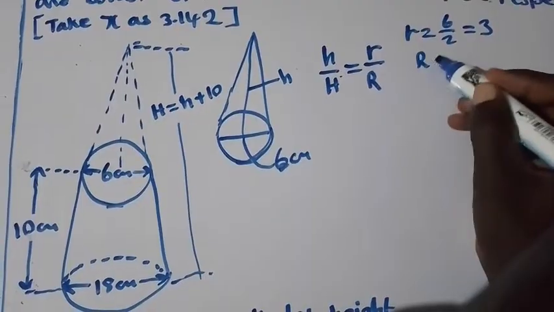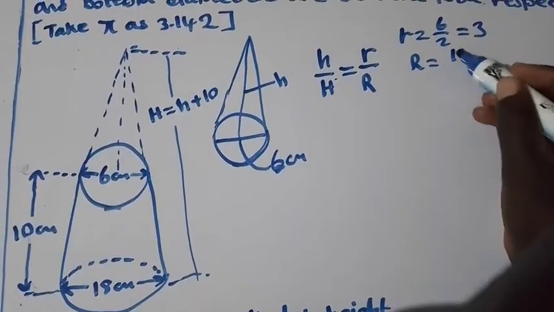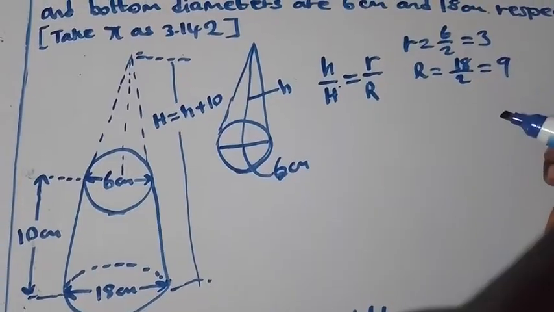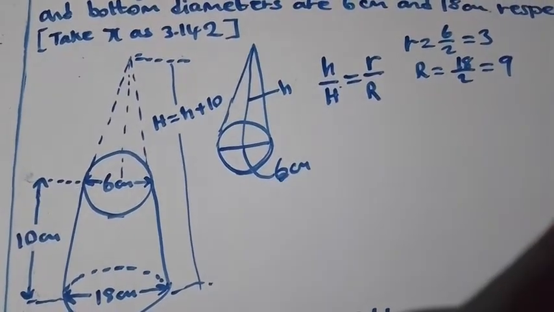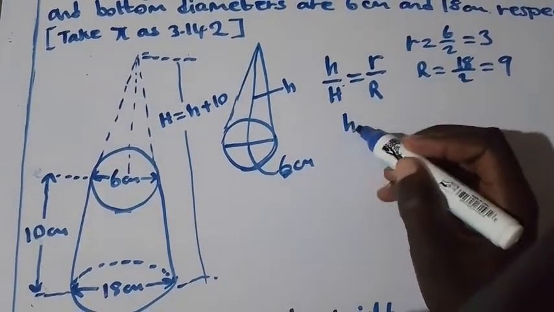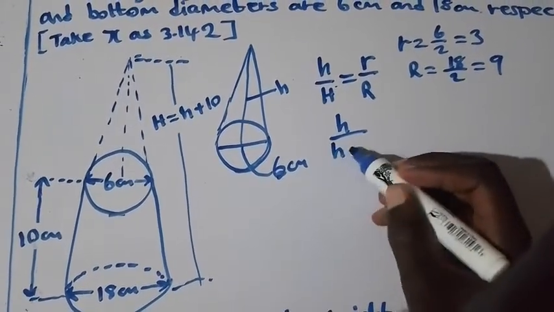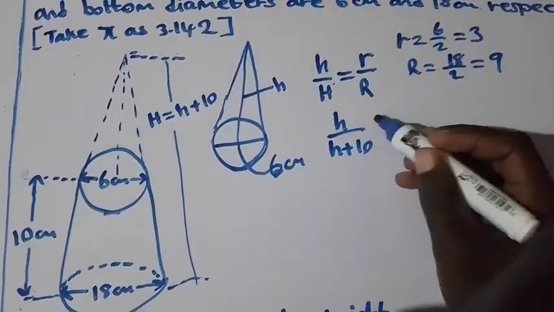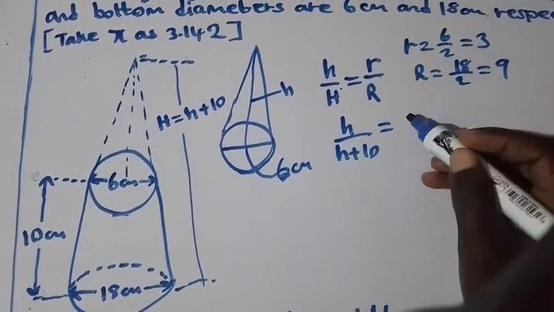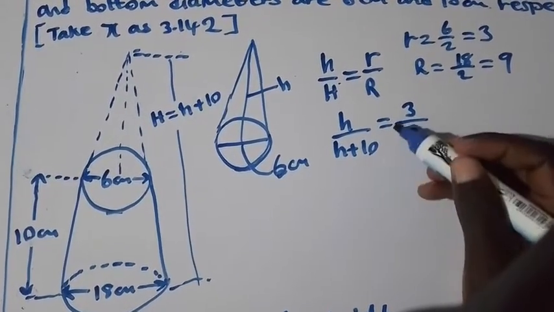Then capital letter R will be equal to 18 divided by 2, which is equal to 9. So small letter h is what we are looking for. Over capital letter H, we have h plus 10, which is equal to small letter r, which we have calculated as 3, over capital letter R, which is 9.